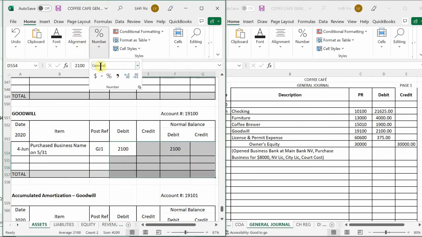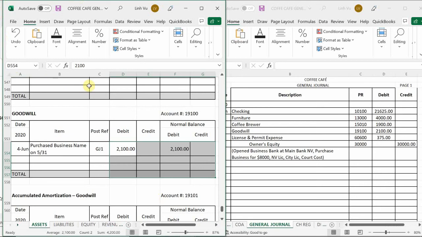Because if I start from 0 and I added a debit for 2,100, therefore you should have a debit balance for 2,100. Okay.